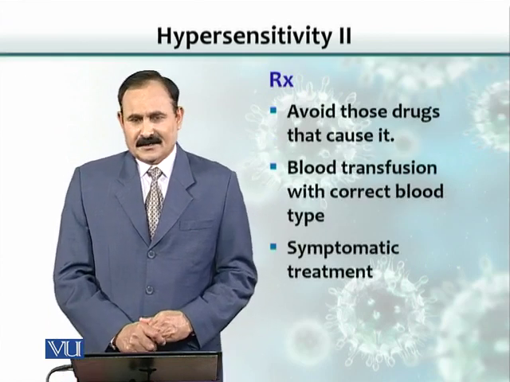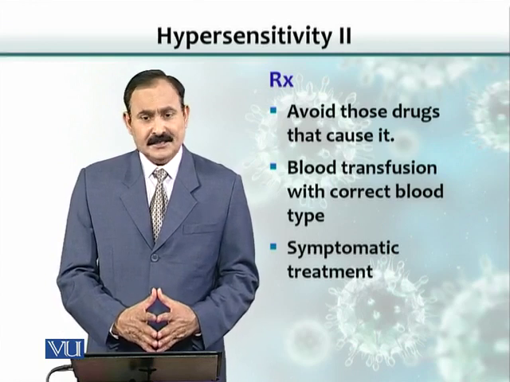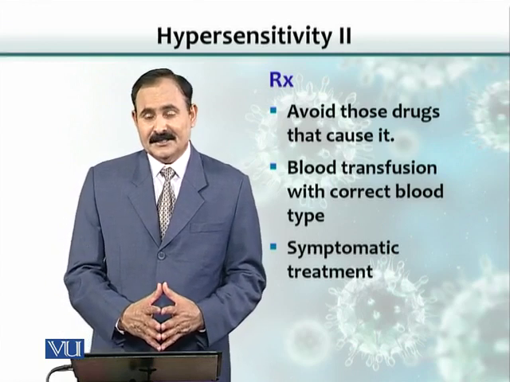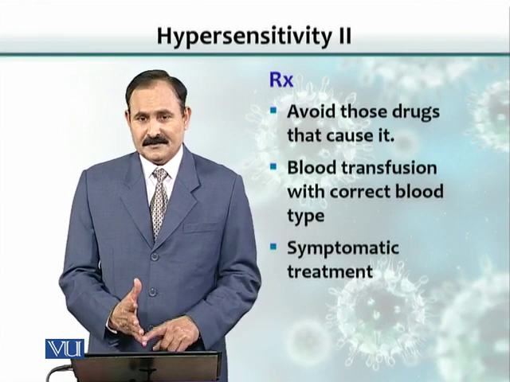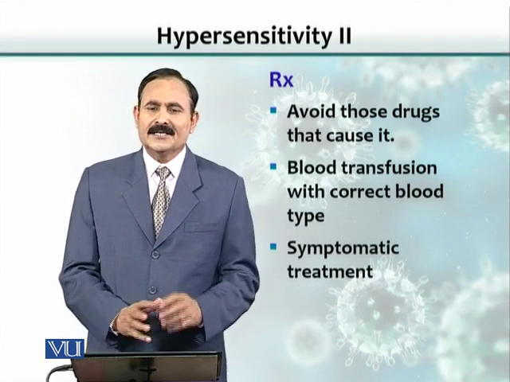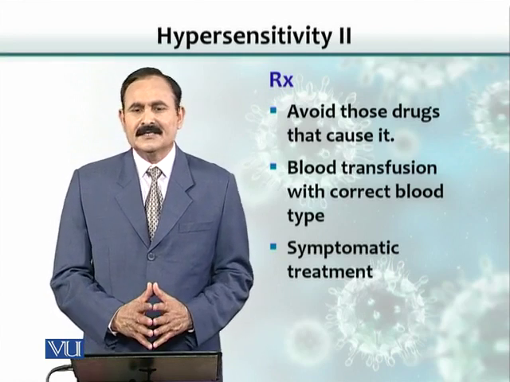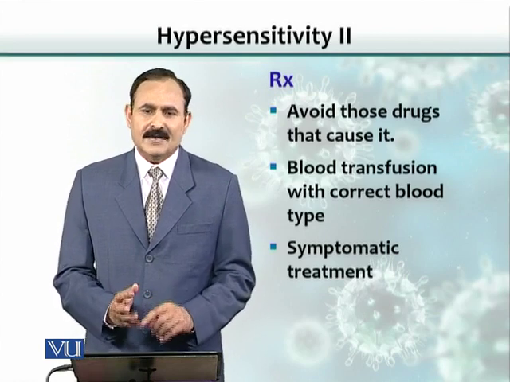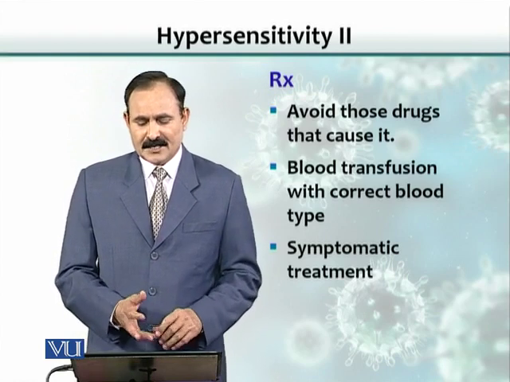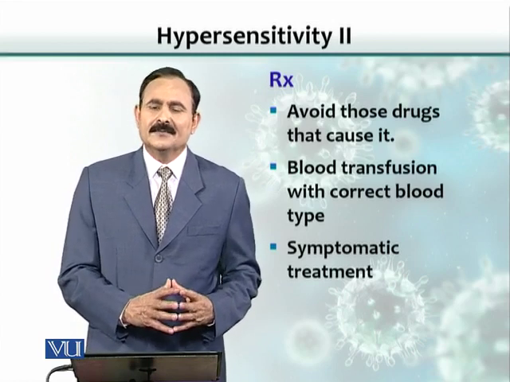What is the treatment? It's very hard sometimes to diagnose this type of hypersensitivity, because looking for the antigen is really hard. So most of these patients are only treated symptomatically by giving corticosteroids that decrease the inflammatory process.